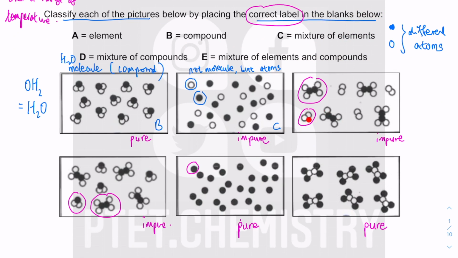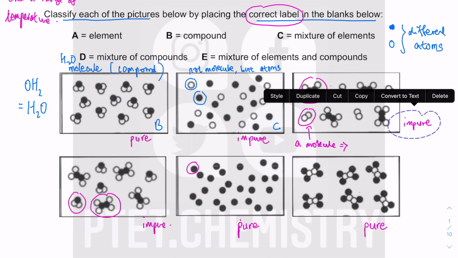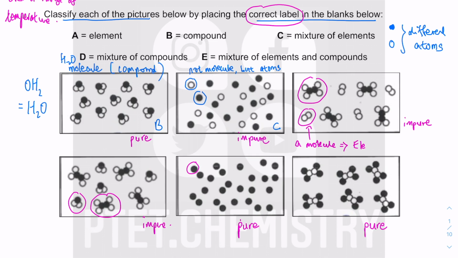This is a molecule, okay, but in terms of whether it is an element, compound or mixture, we would say that it is definitely an element, because it only contains one kind of atom, since both of them are the white colored one. And this is a molecule, but it's a compound, because it's not only one type of atom.